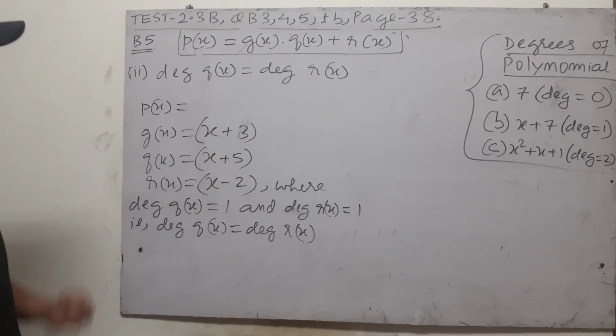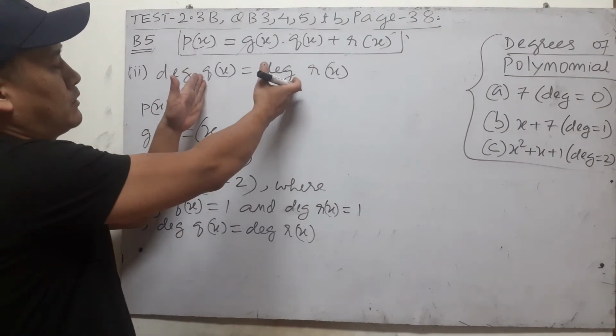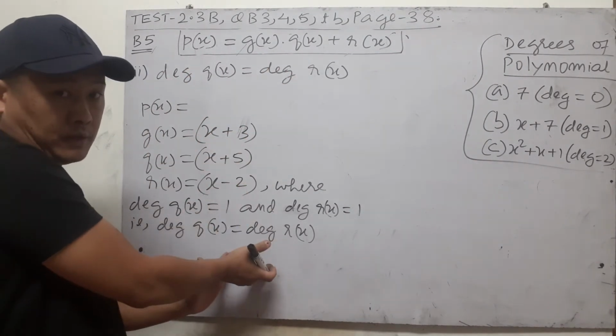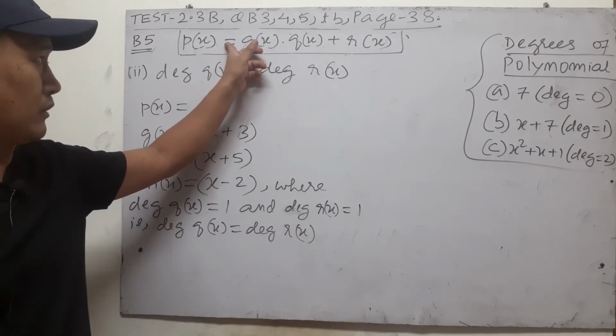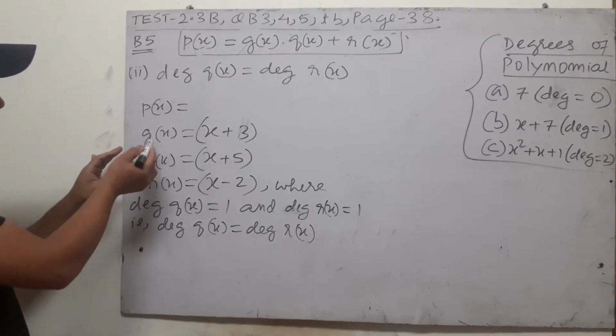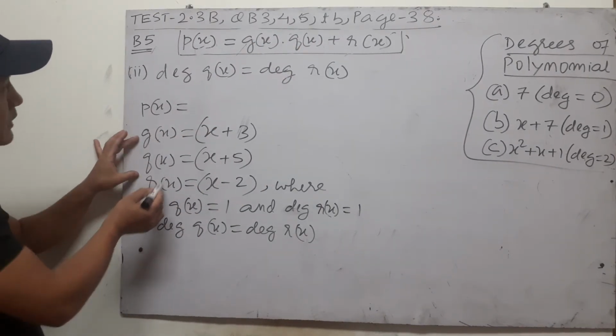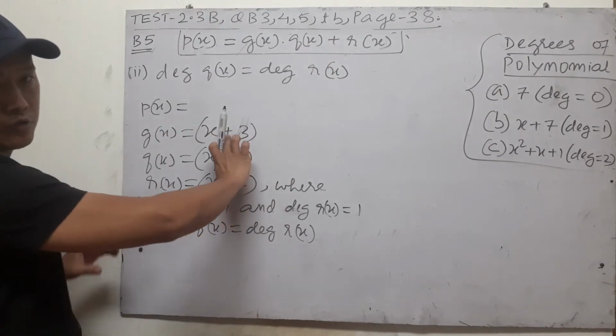Then to get p of x, go back, we have to satisfy two conditions. Degree q of x equal to degree of r of x, which we have satisfied. Next we have to satisfy the division algorithm. So let's take the right side. Why? Because here we have three things, g of x, q of x, r of x, the values we have chosen.